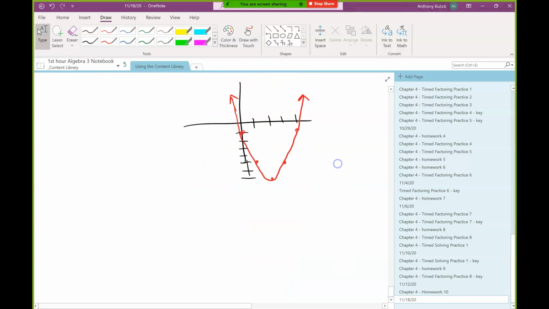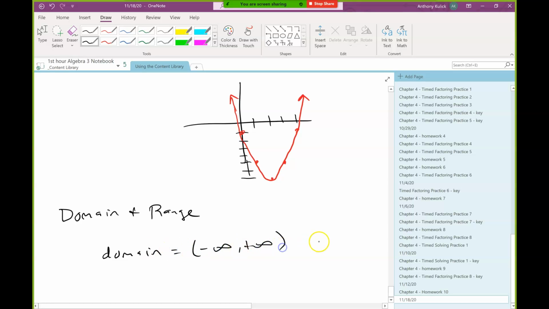The last thing that I want to talk about before we go is domain and range. So the domain is easy. It's always all real numbers, which is lovely, right? We like when that happens, where it's just always the same.